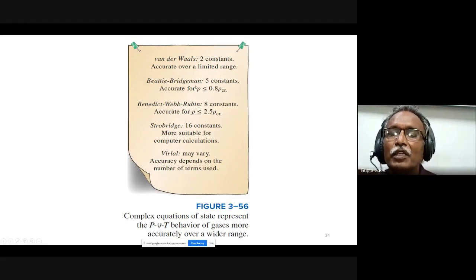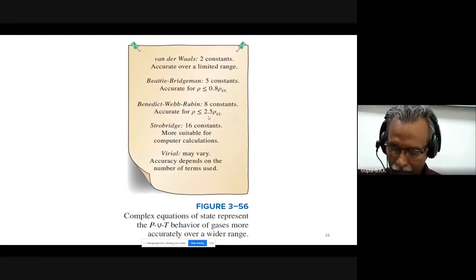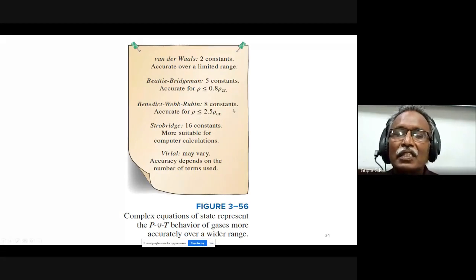Beattie-Bridgeman equation, 5 constants and accurate for rho less than or equal to 0.8 critical density. Benedict-Webb-Rubin equation, 8 constants and accurate for rho less than or equal to 2.5 critical density. And Strobridge, 16 constants, more suitable for computer calculations. And virial may vary; the accuracy depends on the number of terms used.